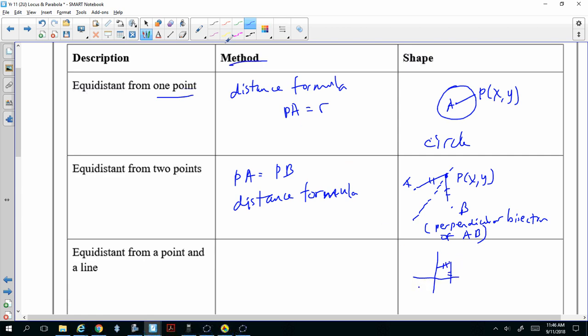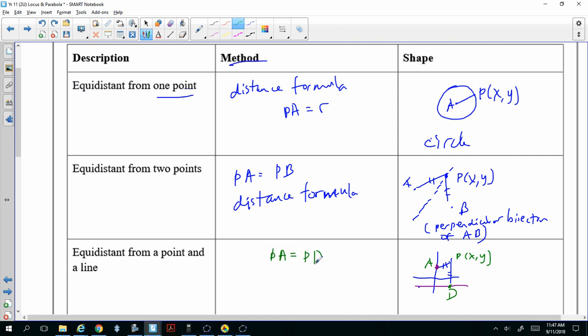In that case, you have the point P (x, y), that's A and that's D. So you go to PA equal to PB, right? And in that case, you end up getting a parabola.